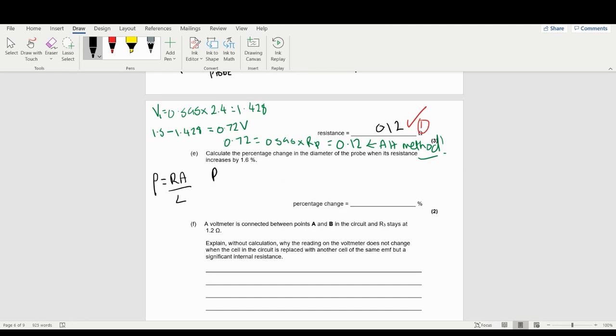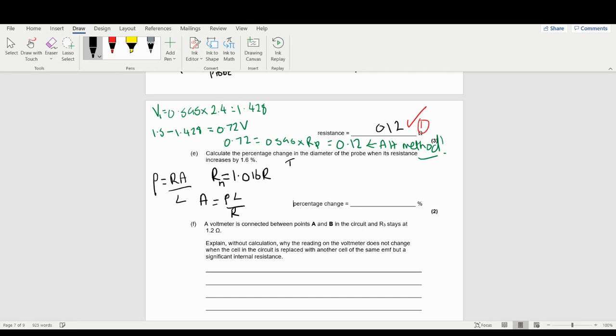So the new resistance is going to be 1.016 of the old resistance. Okay. So let's rearrange this. I've got the area equals rho L over R. There we go. Cool. Sorry about that. It's me being an absolute wazzock. So that's my traditional area. So my new area, this is my area here.